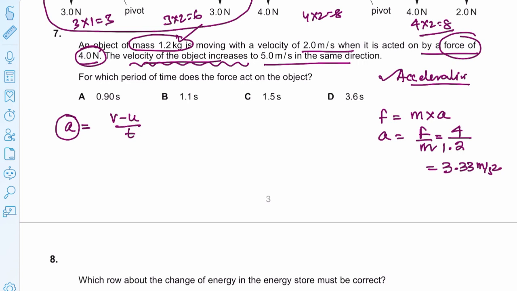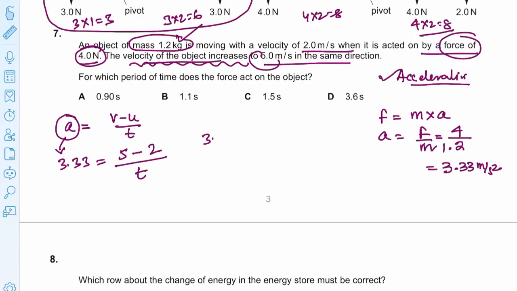Now the next part, instead of a, I'll put 3.33, that equals v minus u over t. Final speed v is given 5, so this will be 5 minus the initial speed 2, over t. We need to find the value of t.